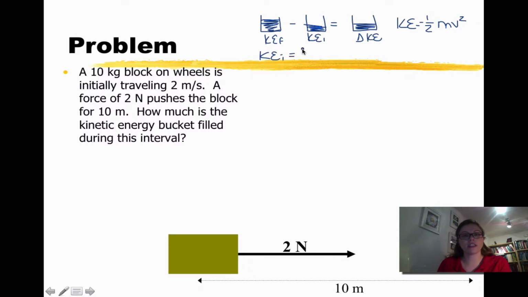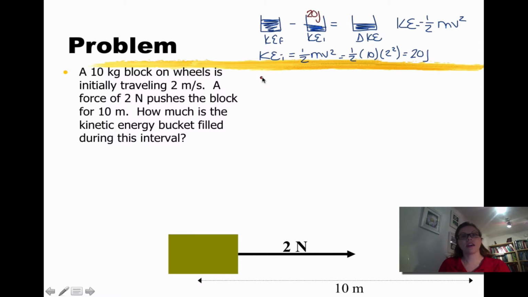Kinetic energy initial is 1/2 times the mass, 10, times velocity, 2, squared. 2 squared is 4, so that's 40, and 1/2 is 20 joules. So we know that kinetic energy initial is 20 joules.